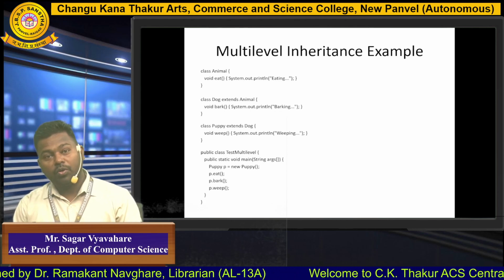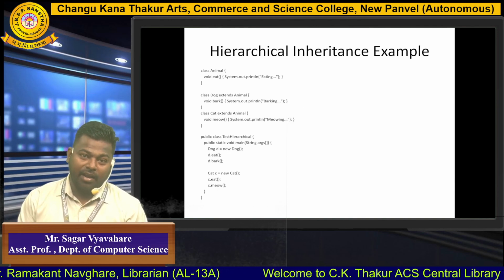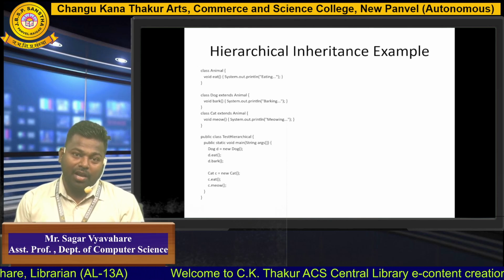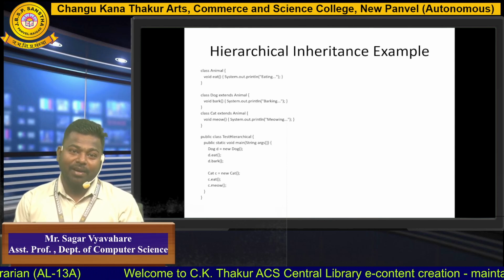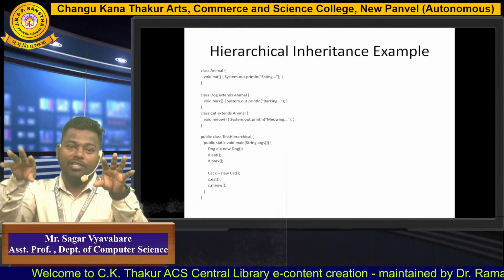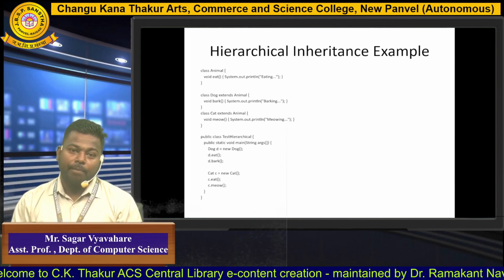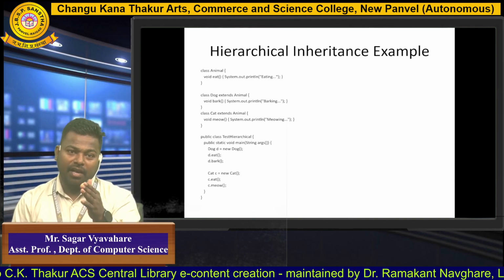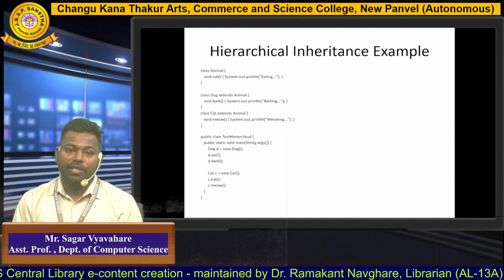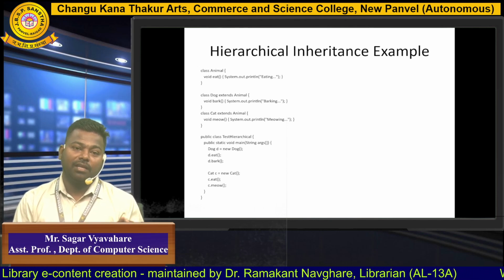Let's talk about the next one, hierarchical inheritance. You can see the Animal class is extended by the Dog class, and Animal is also extended by the Cat class. So one class is extended by two classes. That is the example of hierarchical inheritance. In the main method, TestHierarchical, we have created objects for the Dog class as well as the Cat class.